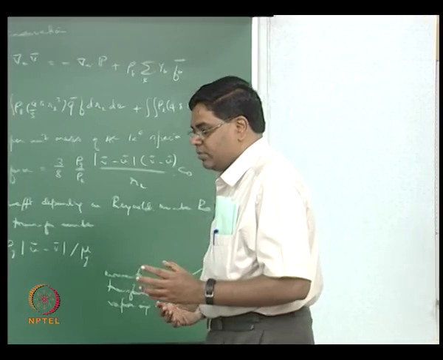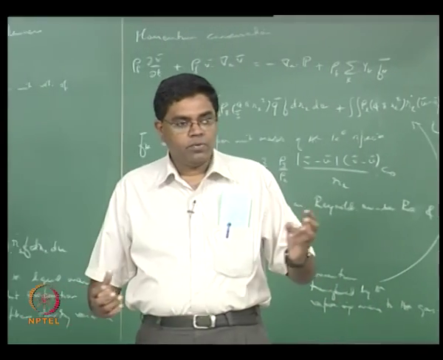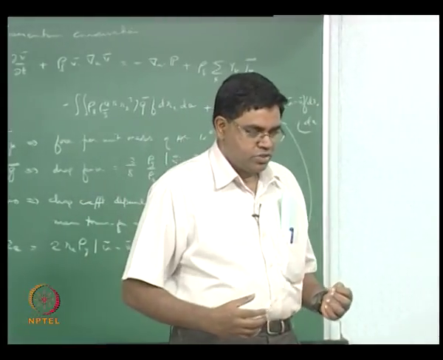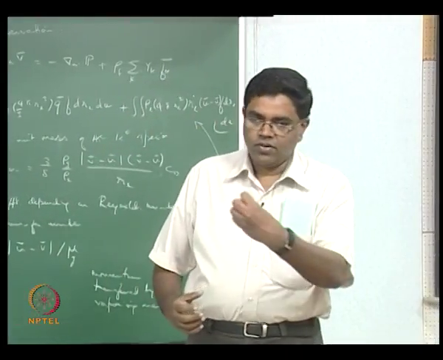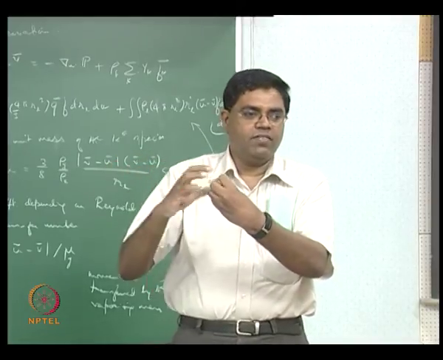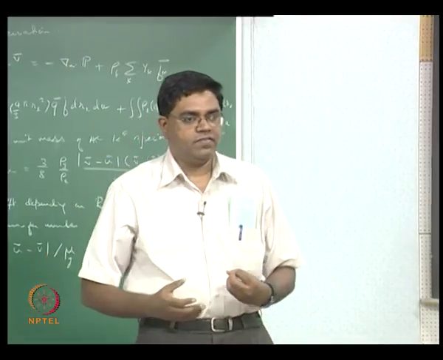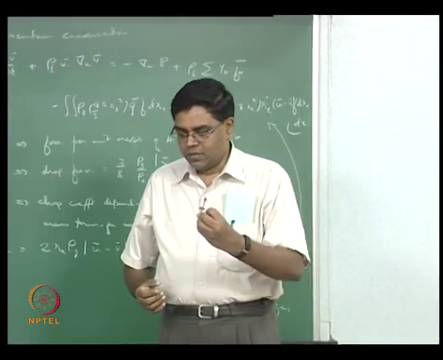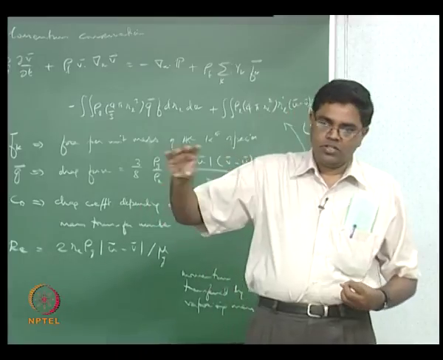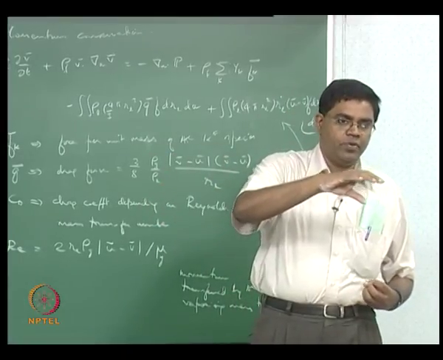We never really talked about what happens when you have droplets in motion, right? So even the kind of pictures that we drew were as if the droplets were stationary, and you have an envelope flame that is spherically symmetric about the droplet, assuming the droplet itself is spherical to begin with. That's all right, but when you have a droplet in motion, because of the motion the flame now becomes asymmetric, right?